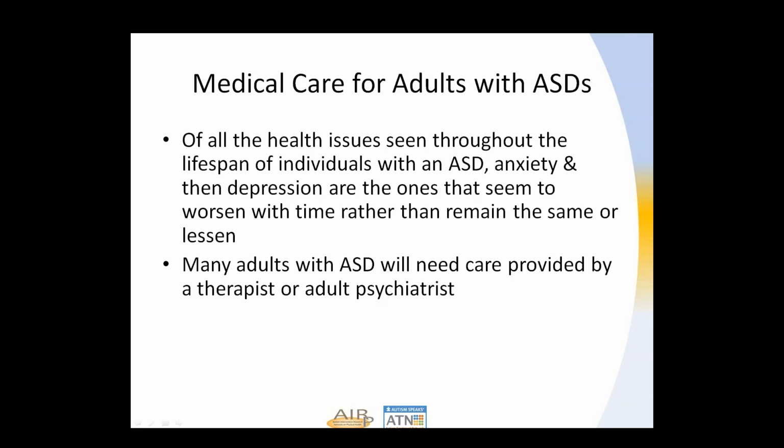An area of interest now is in managing this with adults, and concerns that there are many adults with autism who may be depressed and require more appropriate care, either through therapy with a therapist or perhaps even medication. So we need to be tuned into that as we transition these young adolescents and young adults to adult care providers. Next slide, please.